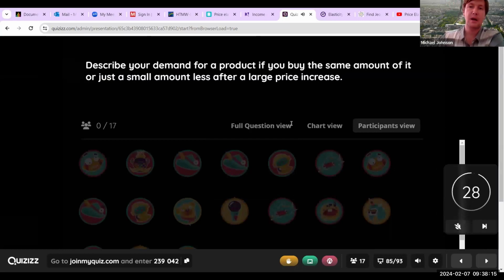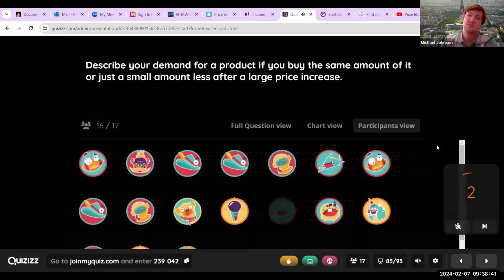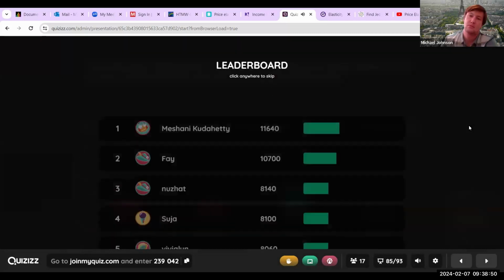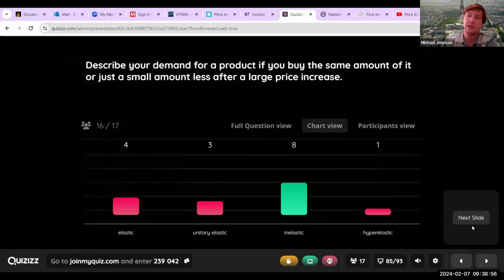Describe your demand for a product if you buy the same amount of it, or just a small amount less, after a large price increase. Inelastic, yes.